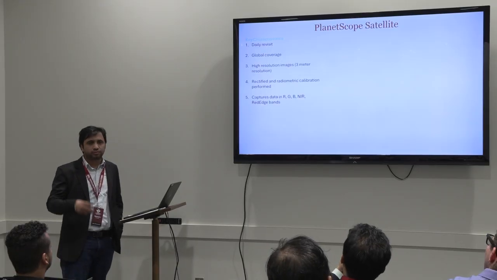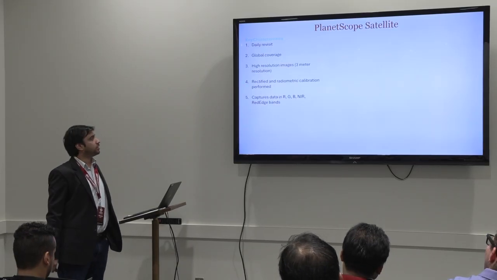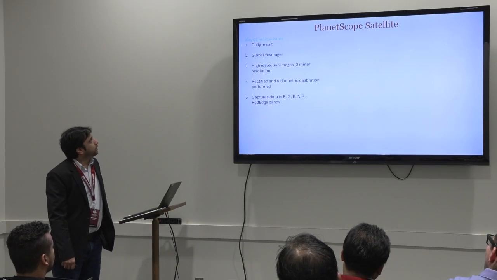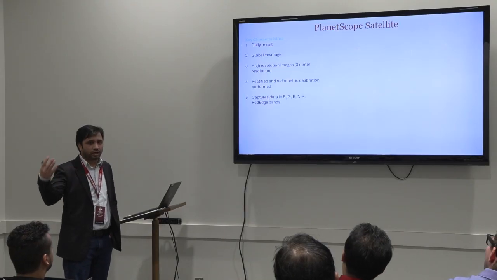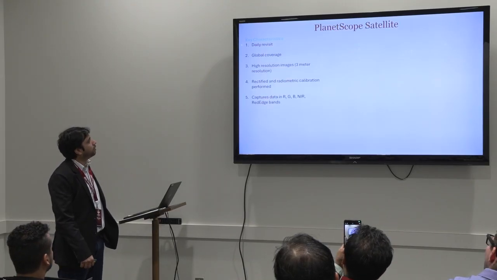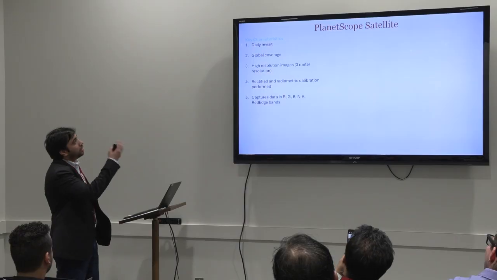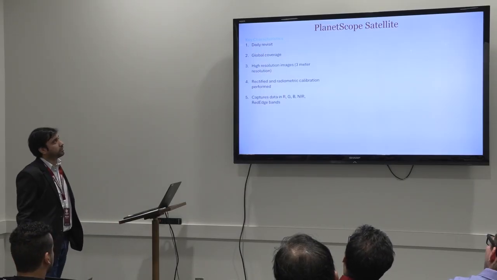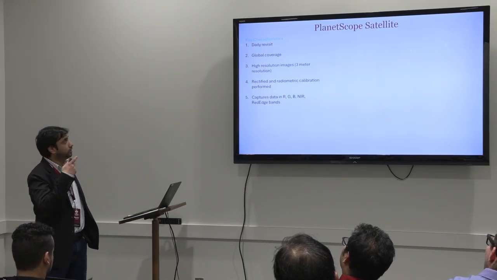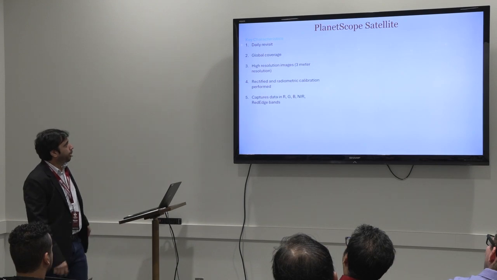So we decided, why don't we check with the PlanetScope satellite image. And good thing, I have been working on this for the past couple of years now. I really like this platform because it has daily coverage, global coverage, and high resolution.